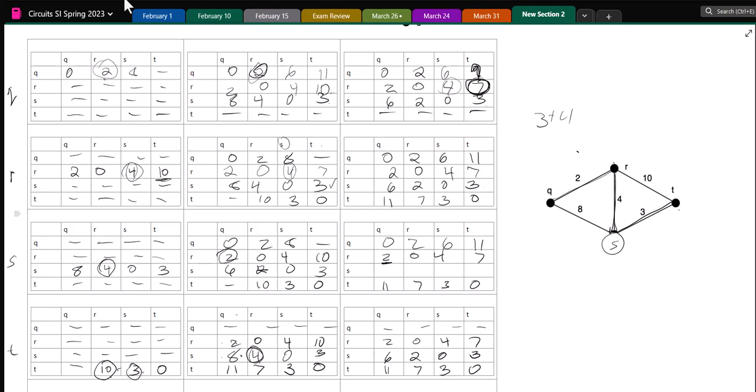I don't know why I have 2 here. I don't know what I did there. It cost us 4, and so that would be 6.